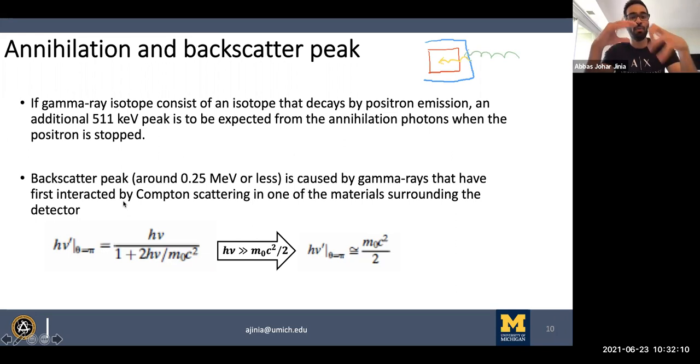And that will give us full energy deposition of the incoming photon. But the question is, will this contribute to the photopeak?